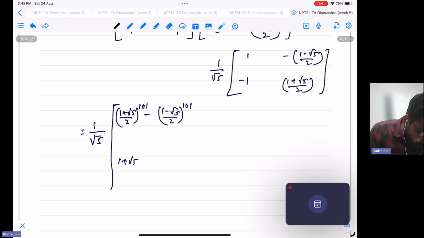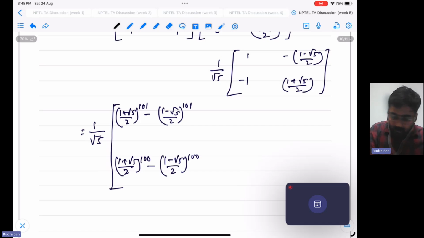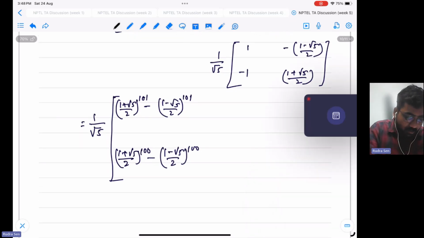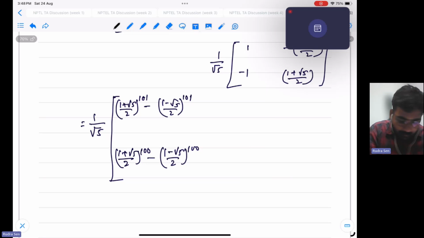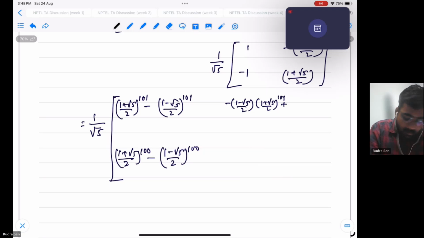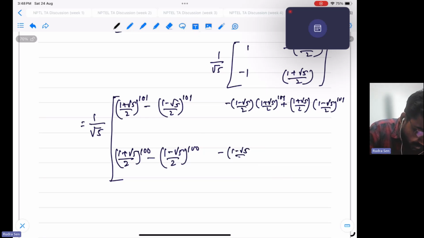Here ((1 plus root 5)/2) to the power 100 minus ((1 minus root 5)/2) to the power 100. Okay, and what do we get over here? We'll get minus (1 minus root 5)/2 into ((1 plus root 5)/2) to the power 101 plus (1 plus root 5)/2 into ((1 minus root 5)/2) to the power 101. Similarly here, the same thing, just to the power 100.